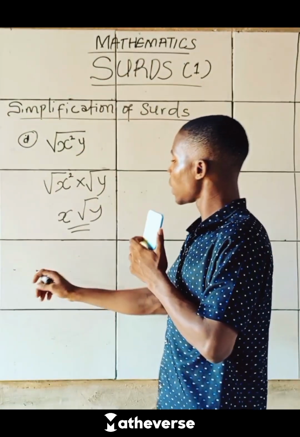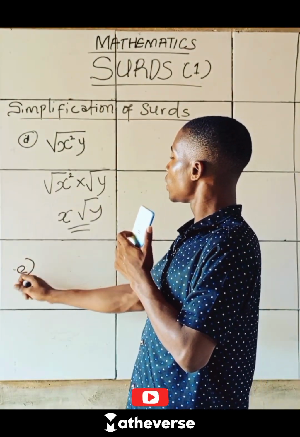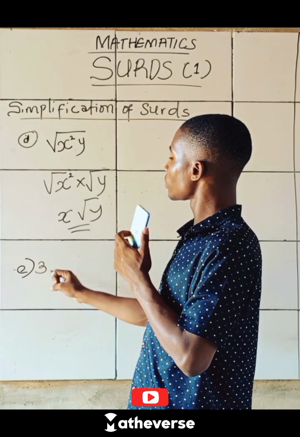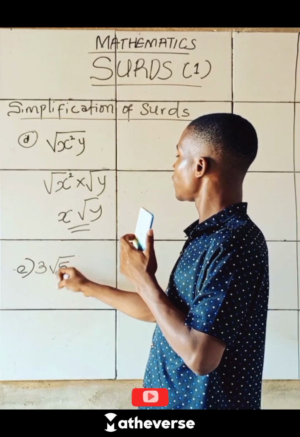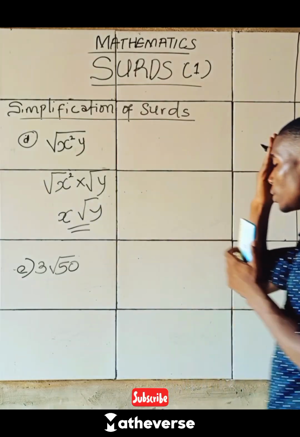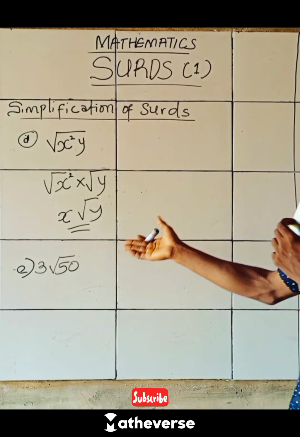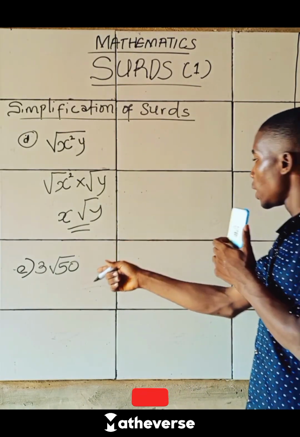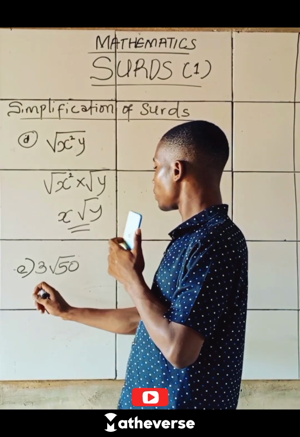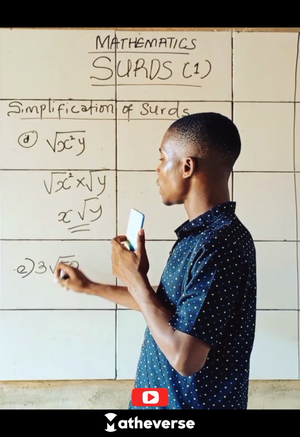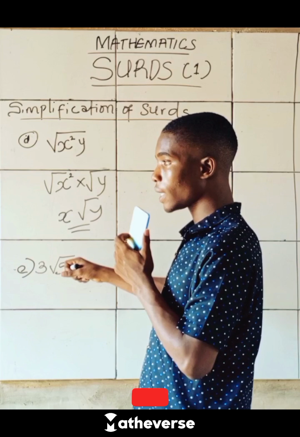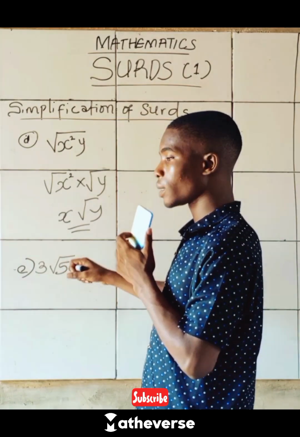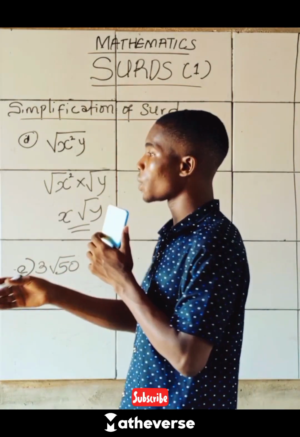Okay, now what if we are given another one again, like 3 root 50? Something like this. I know this one might seem different. It looks as if it's the simplest form, but it's not the simplest form. Let's simplify it. They told you to express the number inside the square root sign as the product of two factors. One is a perfect square, the other one can be otherwise.